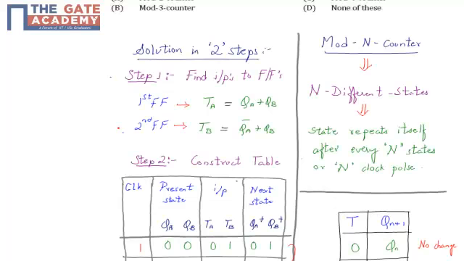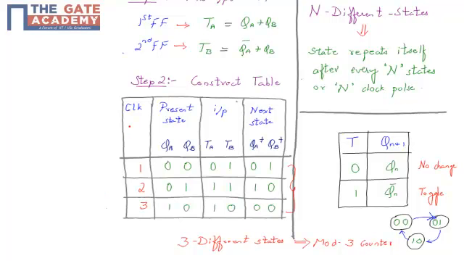So what I get is TA equal to QA plus QB, and TB is equal to QA bar plus QB.